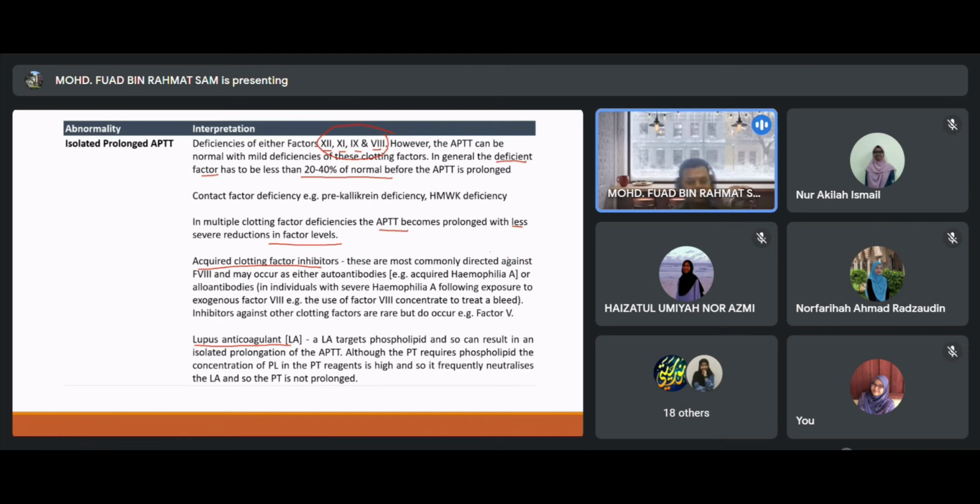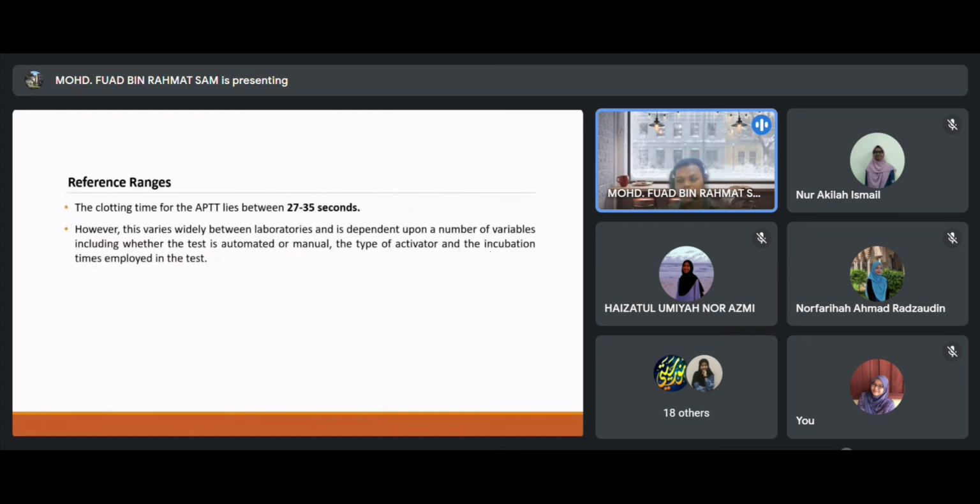If you remember back, the APTT measures the intrinsic pathway. If you look at the intrinsic pathway, the arrows from top to bottom are quite long. So usually the normal range for APTT will be a bit longer compared to the PT time, but still in seconds, not in minutes. All right, so the reference range for the APTT clotting time lies between 27 to 35 seconds.